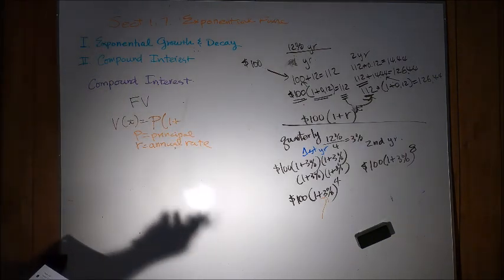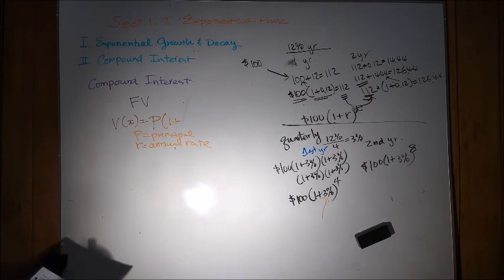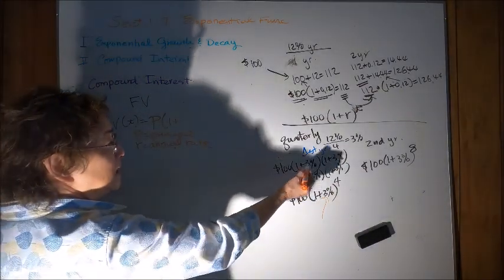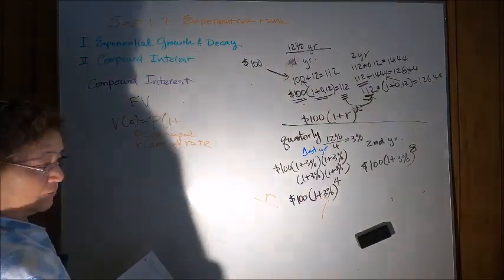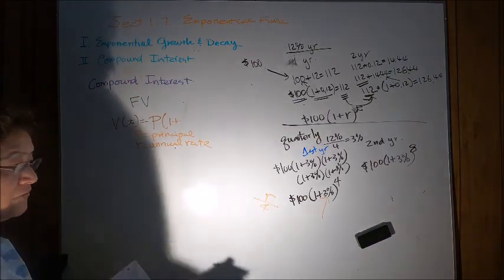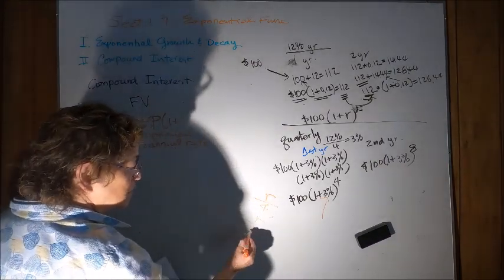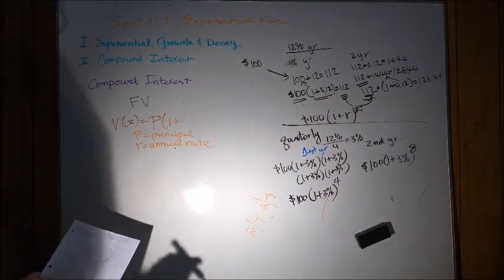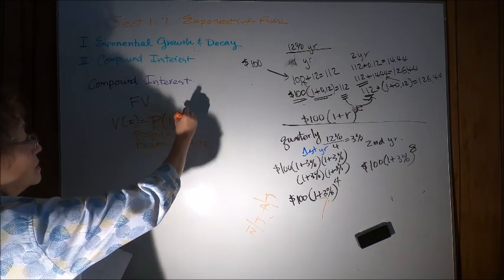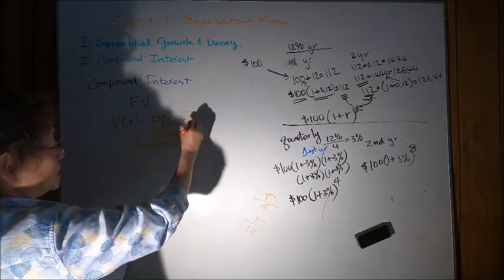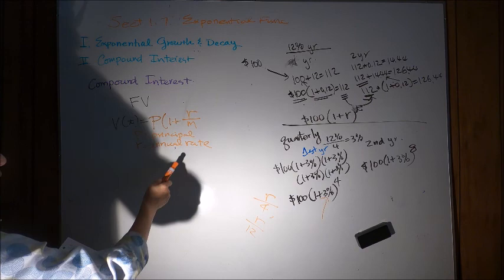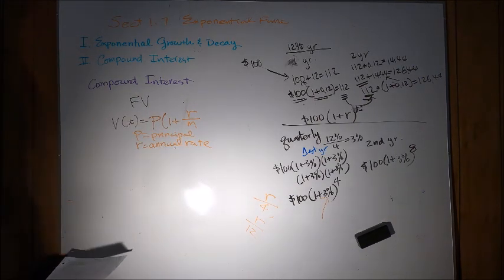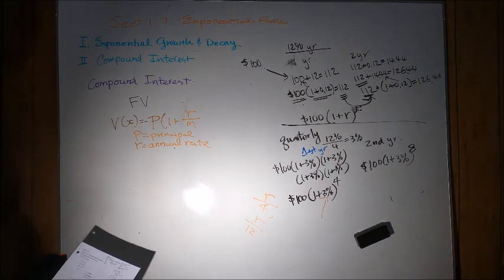How many times depends on how many times you compound. If quarterly, so you get what? Annual rate divided by 4, right? If monthly, it will be what? R divided by 12 each month. So depending on how many times: if annual, quarterly will be divided by 4, and monthly will be divided by 12, right? Or daily, you divide by 365.